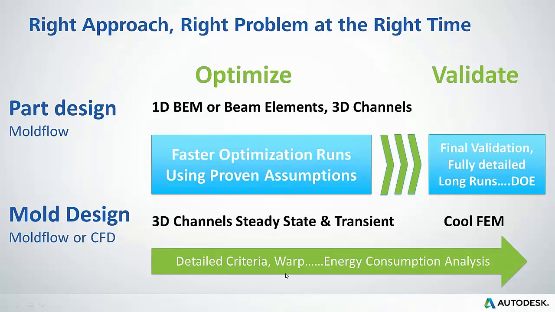Again, if you follow the arrow on the bottom here, we're optimizing, but it depends on the criteria, right? And what that is. At the end of it, I think me as a Moldflow user, I'm always going to come back and validate it within Moldflow.